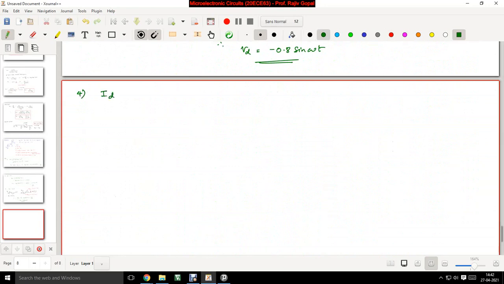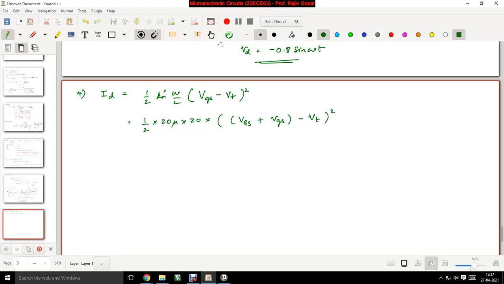Instantaneous current ID. So this is half Kn prime W by L, capital VGS plus small vgs minus Vt whole square. Remember, we have done this derivation. So half into 20 micro into 20 into, I will write capital VGS as this plus small vgs minus Vt whole square.